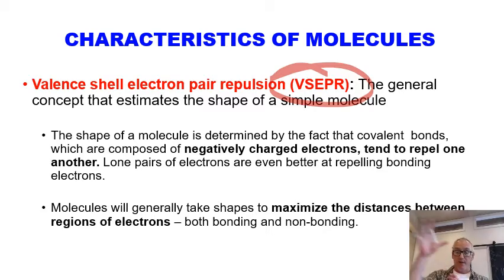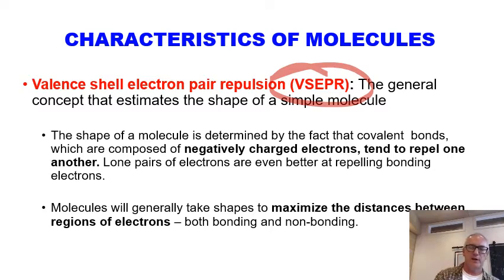But lone pairs are going to be out in space, a little bit further away, because they're far away from the nucleus. And bonding electrons themselves are obviously between 2 atoms. They're going to be farther away from the nucleus.